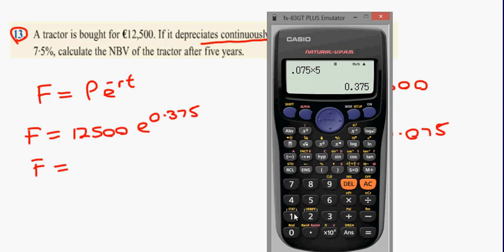So I'm going to get 12,500 times e to the power of, where's e? Not to the power of e, but e to the power of 0.375. Close brackets. That's going to be 18,000.